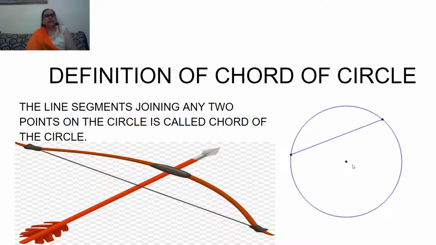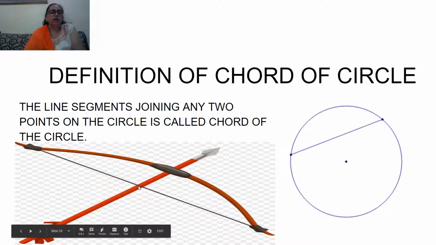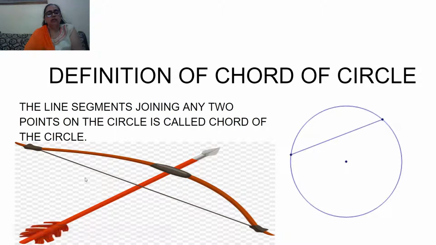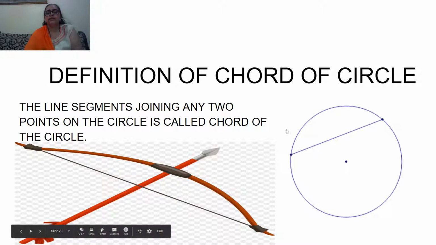Do you know why this line segment is named as chord? You can see that the bow and the string and this circular region resemble each other, and we can compare the chord of a circle with the bowstring.